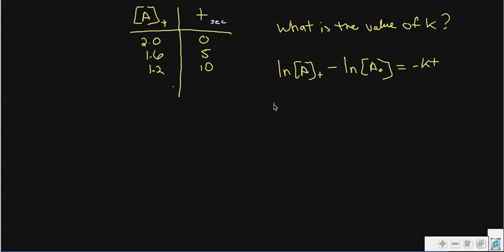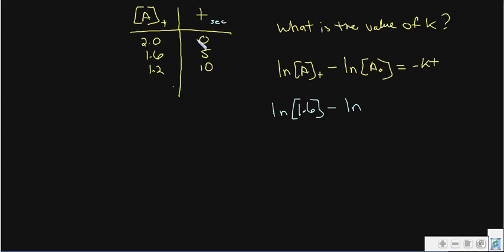So we have the natural log of, oops, sorry, that should be lowercase. We have the natural log of the condition at time t. So let's just choose 1.6. We could use 1.2, but let's choose 1.6 for this particular time. And so natural log of 1.6 minus the natural log of our starting concentration.